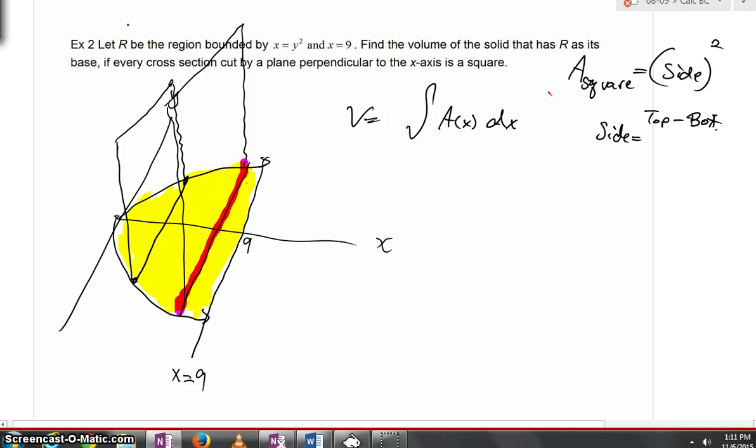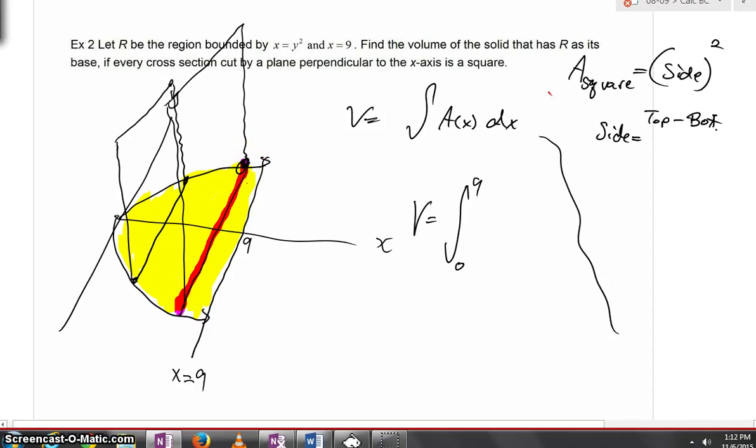And if we're integrating with respect to x here, and I hope that's pretty clear that we will, we'd be integrating between 0 and 9. But sometimes kids will say, well, now I'm lost because x is equal to y squared. How would I call that top part of the boundary?